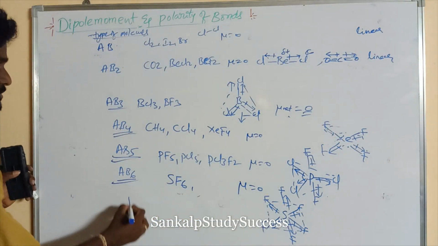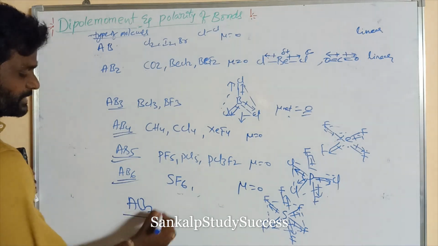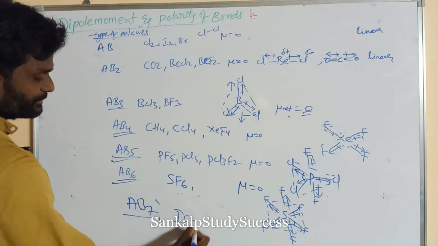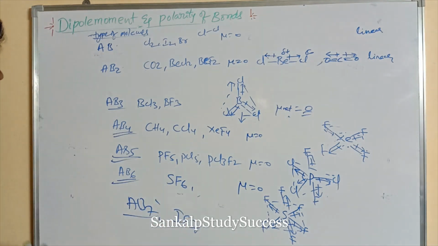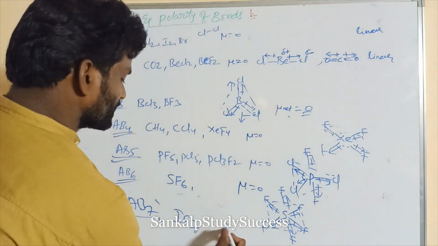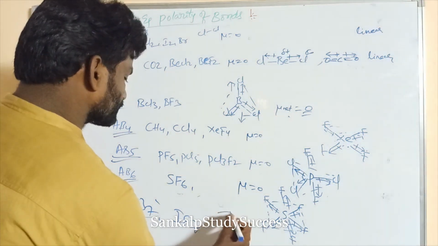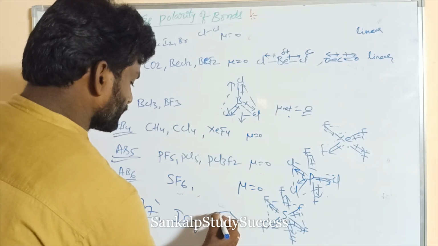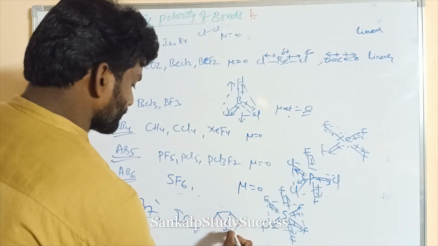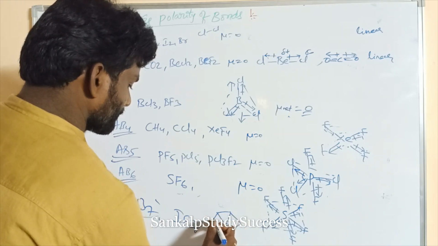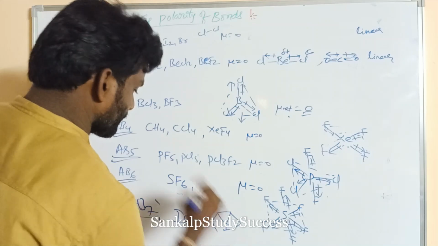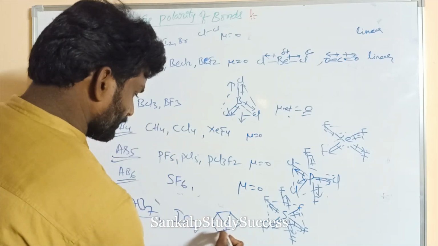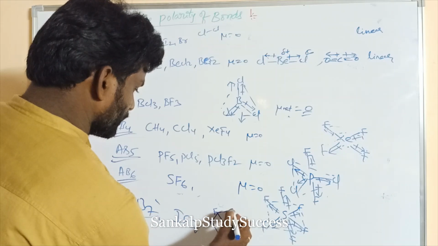Similarly, AB7 also. AB7, what is that? IF7. It is also pentagonal bipyramidal. I is the central atom, with fluorine.